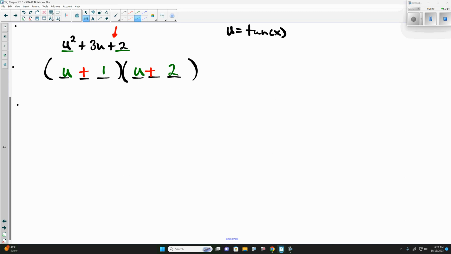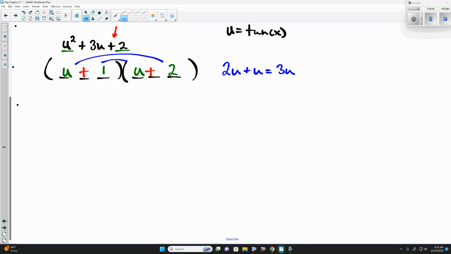And especially with them both being plus, this is the only way we can set it up. So if it doesn't work, it means the original one wasn't factorable to begin with. Well, u times 2 is 2u. 1 times u is plus u, which does indeed give us 3u. So this is the correct way to factor it.